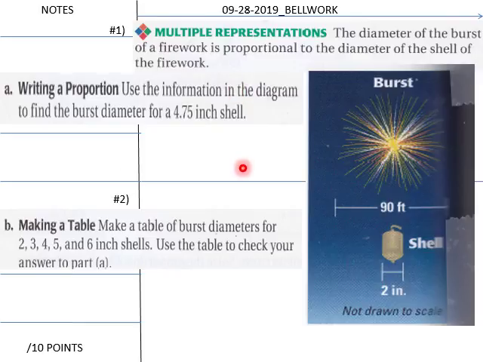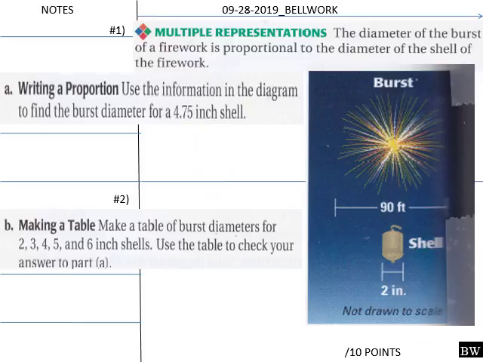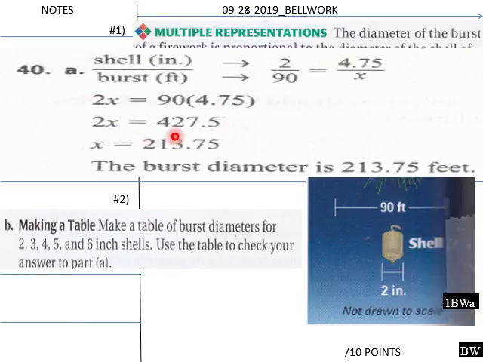Our bell work. Teachers, give your students 6-7 minutes for this bell work. Okay, welcome back from your 6 or 7 minutes, and we're going to get you a solution here to A. Here is the proportion that you set up in your problem, and then you solve for x, and get 213.75.